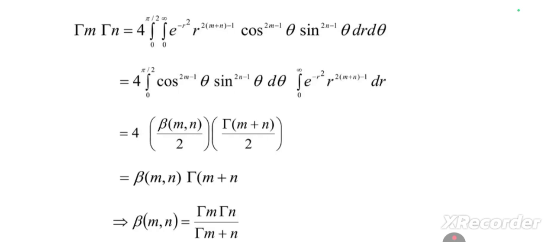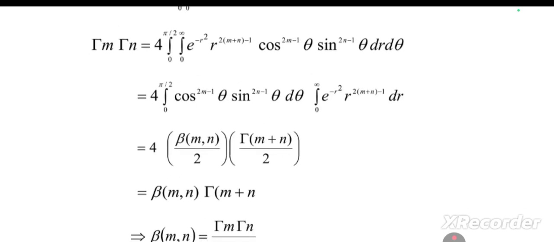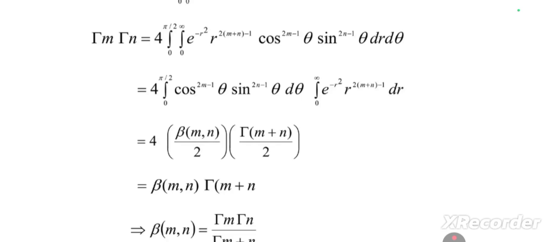Okay, x power means r cos theta whole power 2m minus 1. Again, y power 2n minus 1 is r sin theta whole power 2n minus 1. In the place of dx dy, you substitute r dr d theta.